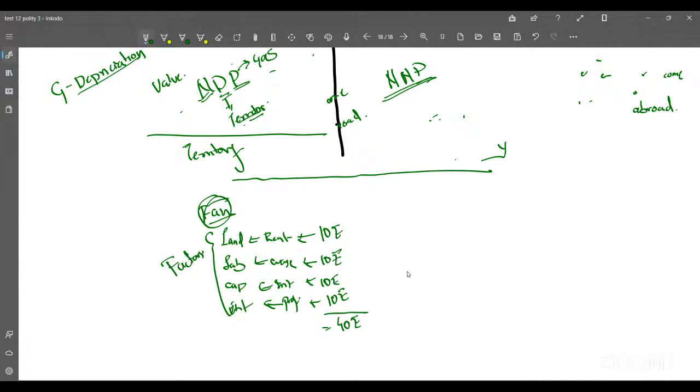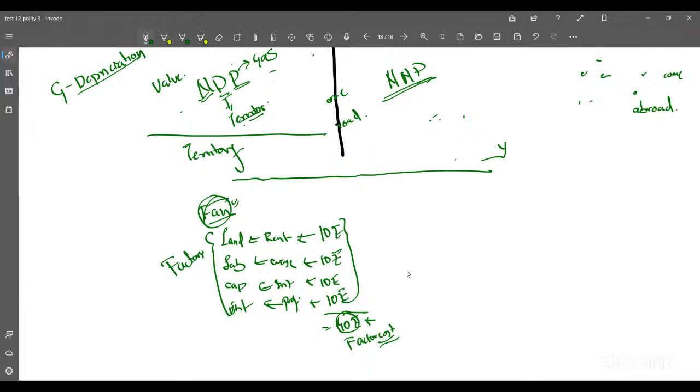So we call this cost the factor cost. Are you getting the point? This 40 rupees is the money required to give to the factors so that this product can be produced. Every product will have its own factor cost.